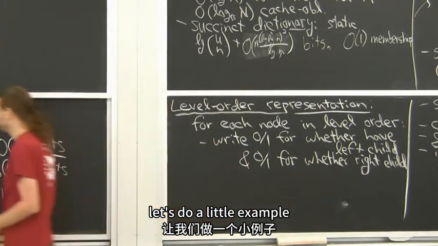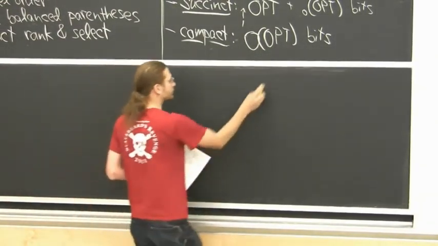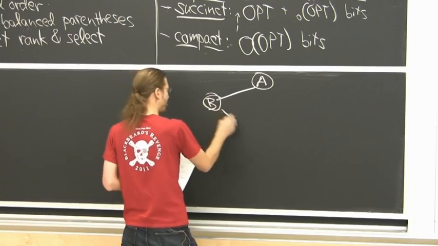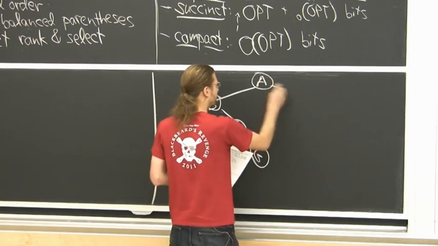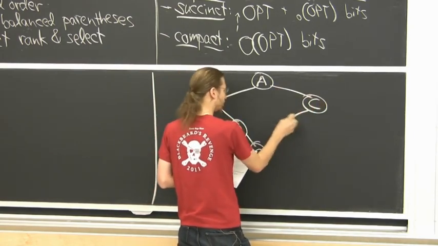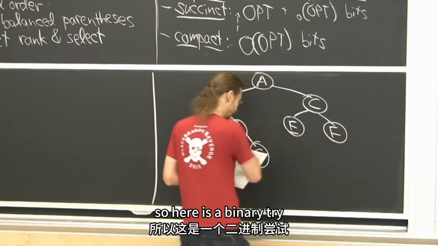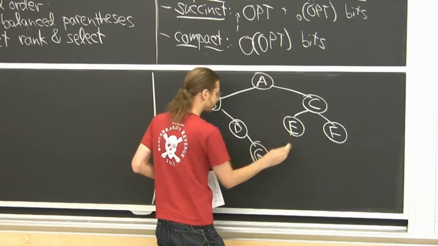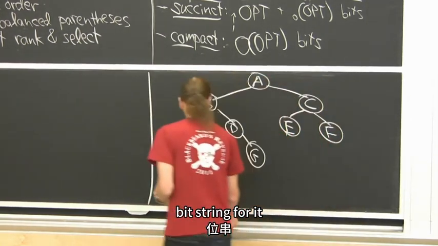Let's do a little example. So here is a binary trie, and I'm going to write a bit string for it.